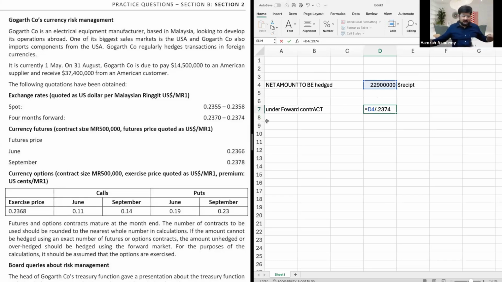Divide with bigger, then they will receive less. Now, here you go. That is the amount in Malaysian ringgit under the forward contract.